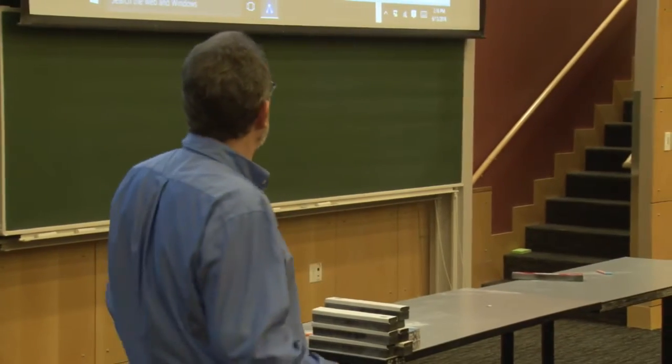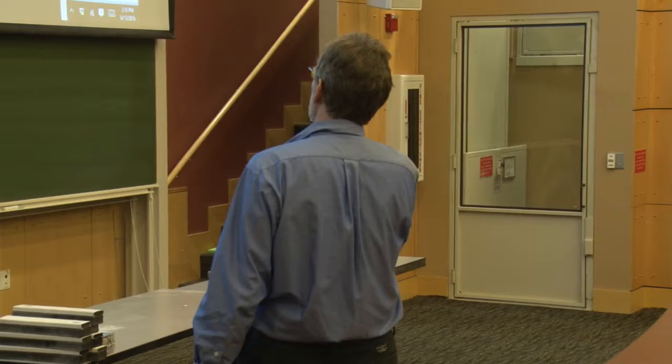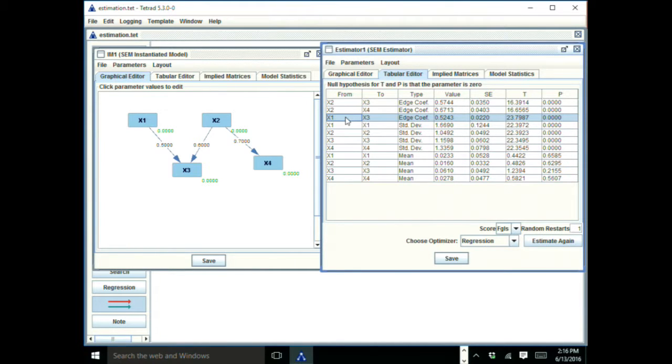So the p-value of 0 says we can reject the null that the coefficient is 0. Okay, so what is that coefficient? x1 to x3. So we might want to interpret that as saying we can reject the null hypothesis that x1 has no influence on x3. That's what we really want to do. And that's what we're after.